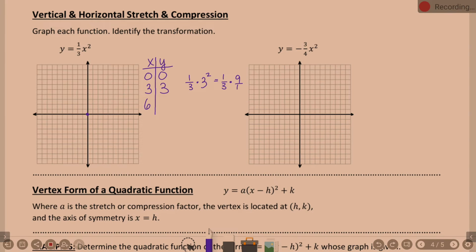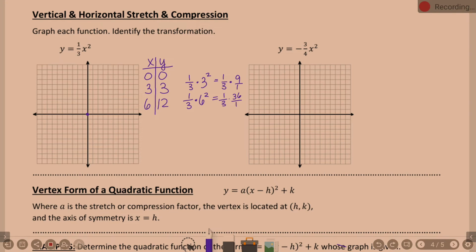While we're here, we're going to go ahead and put 6 in. So it's 1/3 times 6 squared. Exponents before you multiply. 6 squared is 36. Oh fun, 1/3 times 36. 12. 36 divided by 3, right? So that is 12. Okay, a little bit bigger than what we really want to graph, but it gives us the idea.